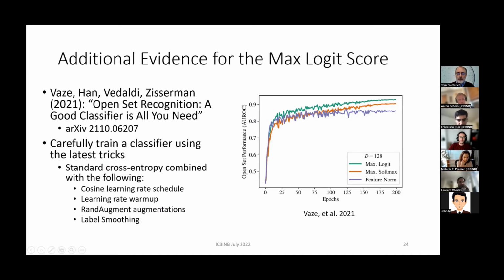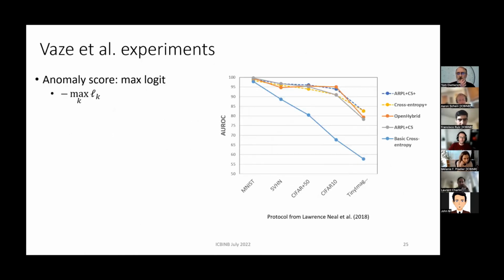In particular, they did some standard things where you train on, I can't remember what they train on as their in-distribution data, and then test where they treat the anomalies as data that come from other data sets. But what they showed was that people had been publishing papers comparing against a basic cross-entropy implementation.